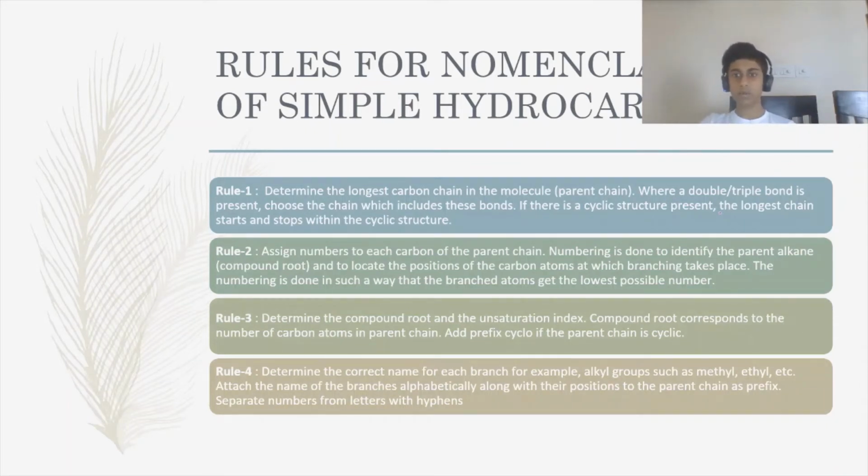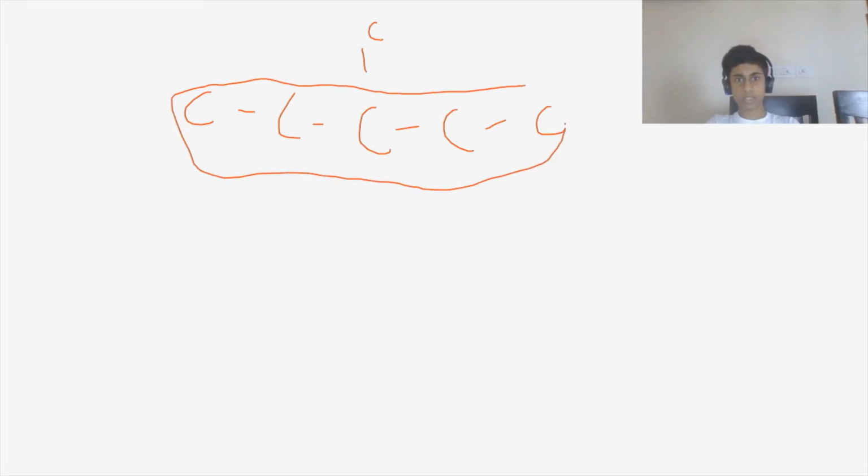Where a double or triple bond is present, choose a chain which includes these bonds. And if there's a cyclic structure present, the longest chain starts and stops within the cyclic structure. So if we have a normal chain, then we would choose this as the chain, and this is the substituent, not any other way.